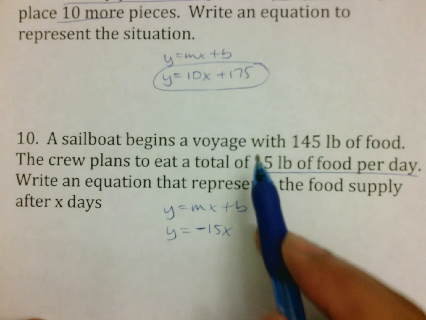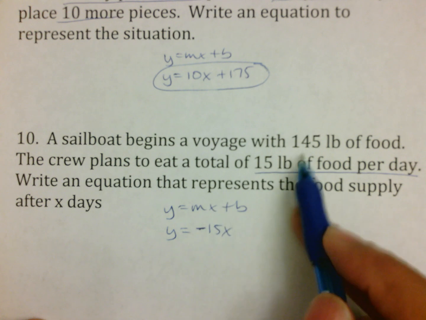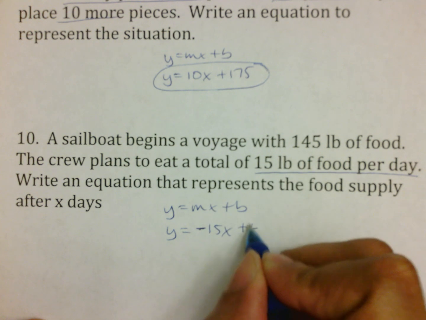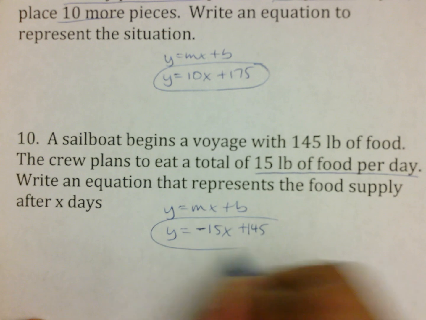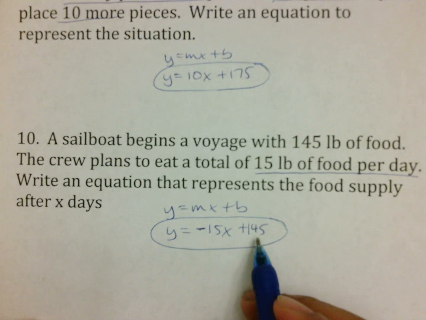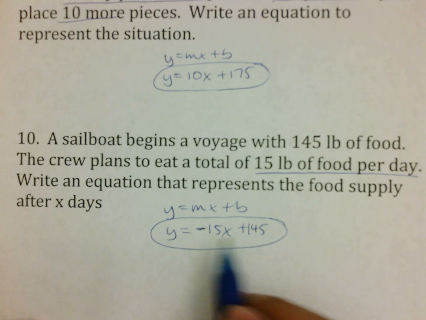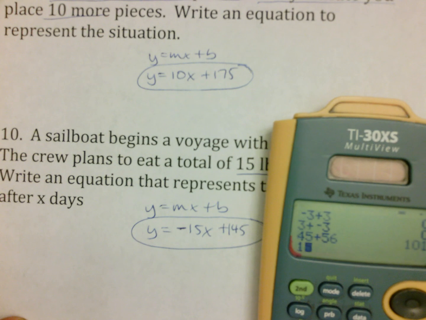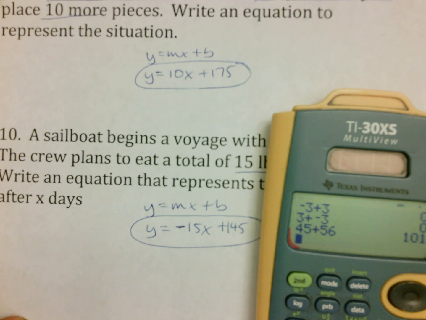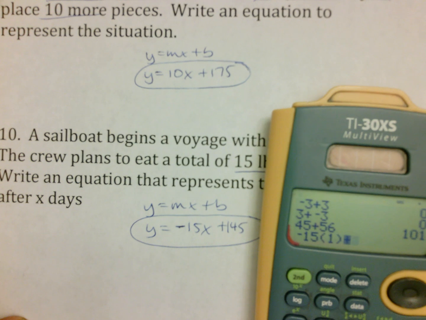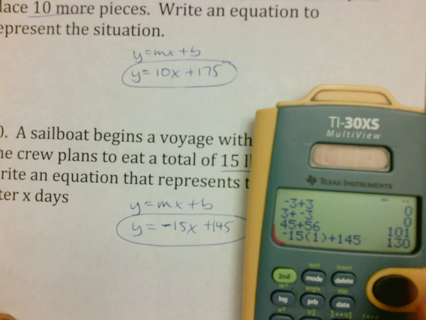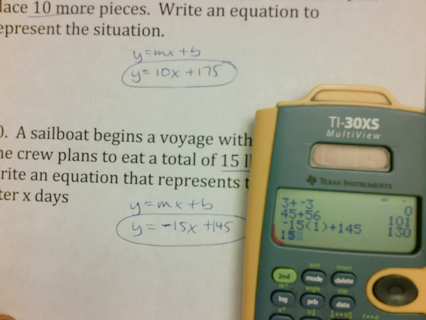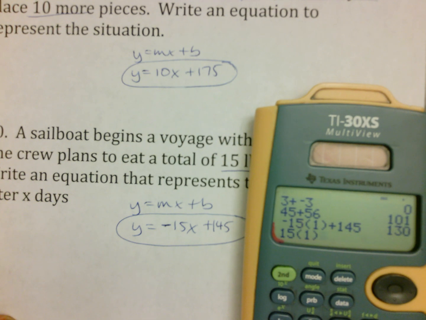So again, your 15 here is negative because you're taking it away from your starting point, which is 145. So again, you're starting with 145 pounds of food. After one day, when you eat 15 pounds, it should drop to 130, which, if I put a 1 in here just to show you, negative 15 times 1 plus 145, it makes sense that there would be 130 pounds of food, not if I did it the way that we initially had it, which is 15 times 1 plus 145, where we would have 160 pounds of food.